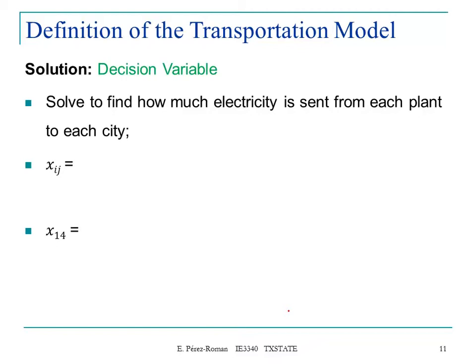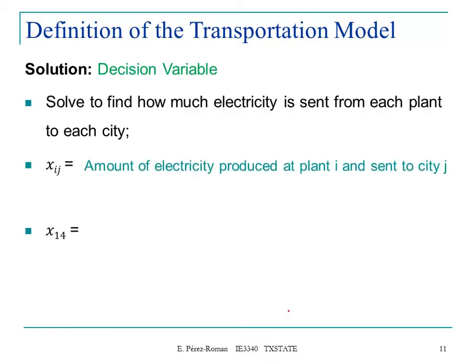You want to know how much you're going to send from plant i to customer j. Okay, so xij is the amount of electricity produced at plant i and sent to city j.